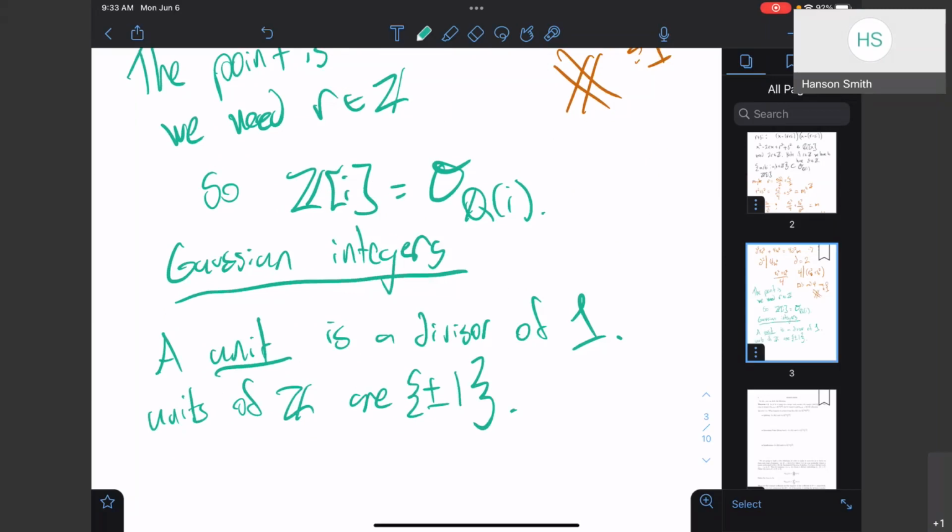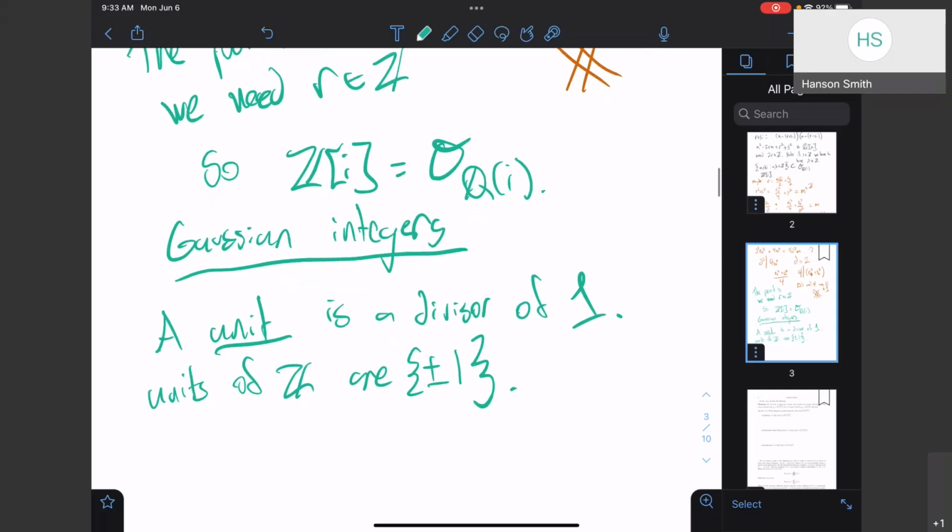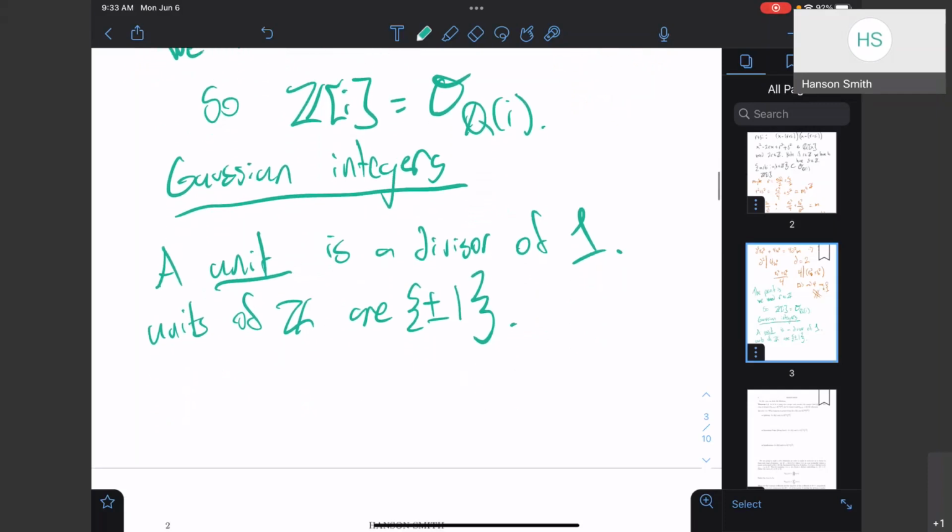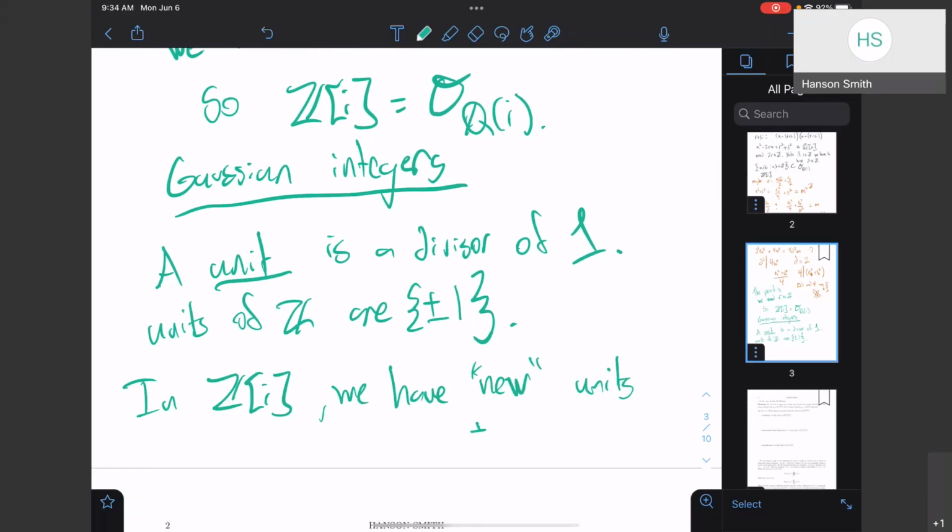We'll talk more about units. The third lecture is going to be about a lovely theorem called Dirichlet's unit theorem, or Dirichlet if you prefer the German pronunciation. But I just want to point out, did we get any new units in this new ring of integers? Yes, we did. In Z adjoin i, we have the new units plus and minus i.